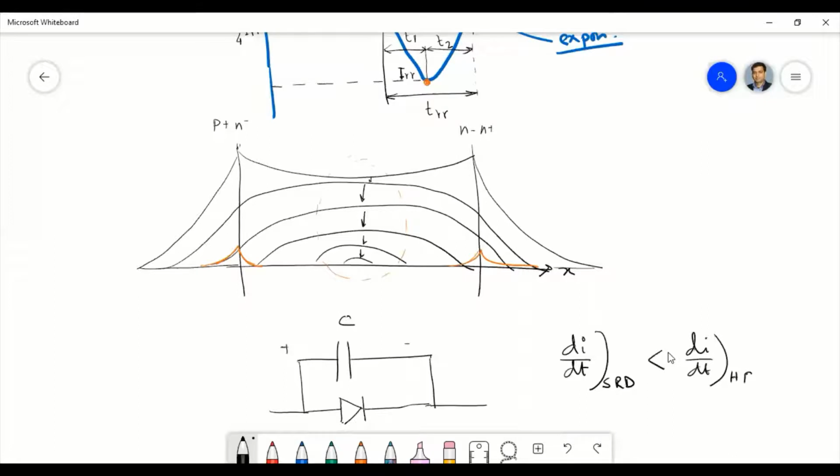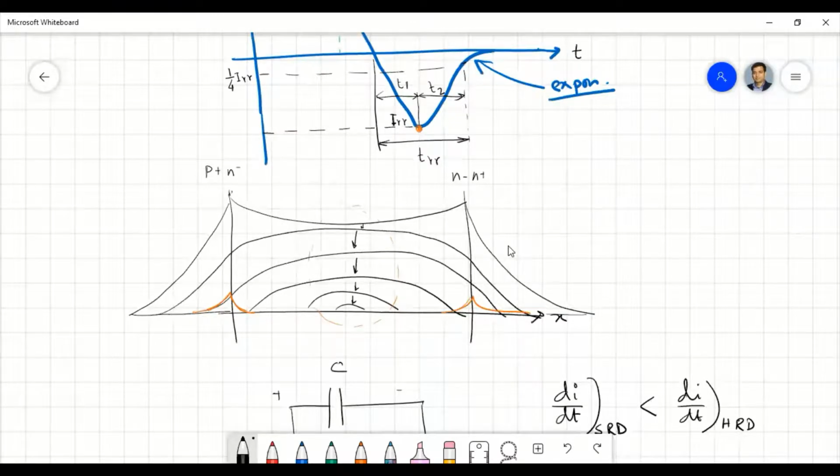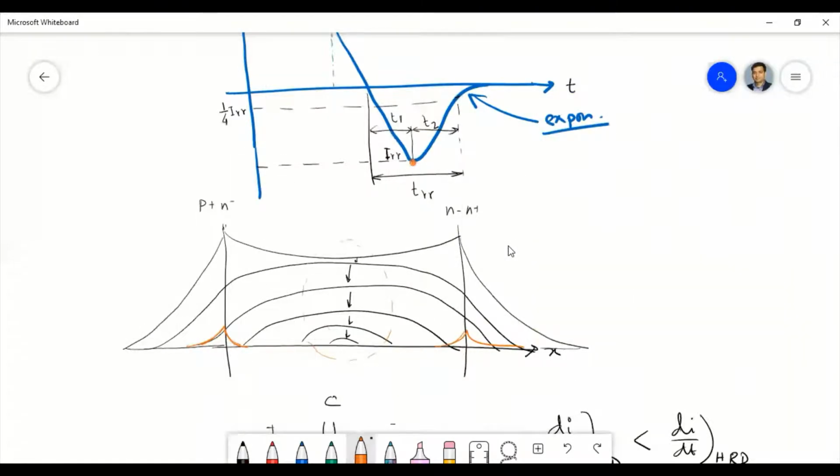Hard recovery diode means it recovers very fast. This time is very fast. And soft recovery means it's a very slow recovery. So it depends on the device itself, at what rate it recovers.